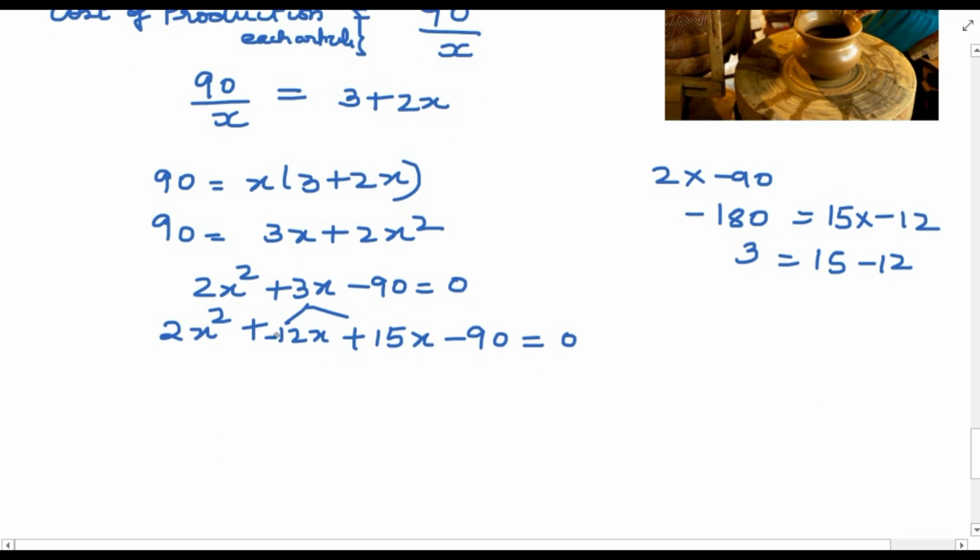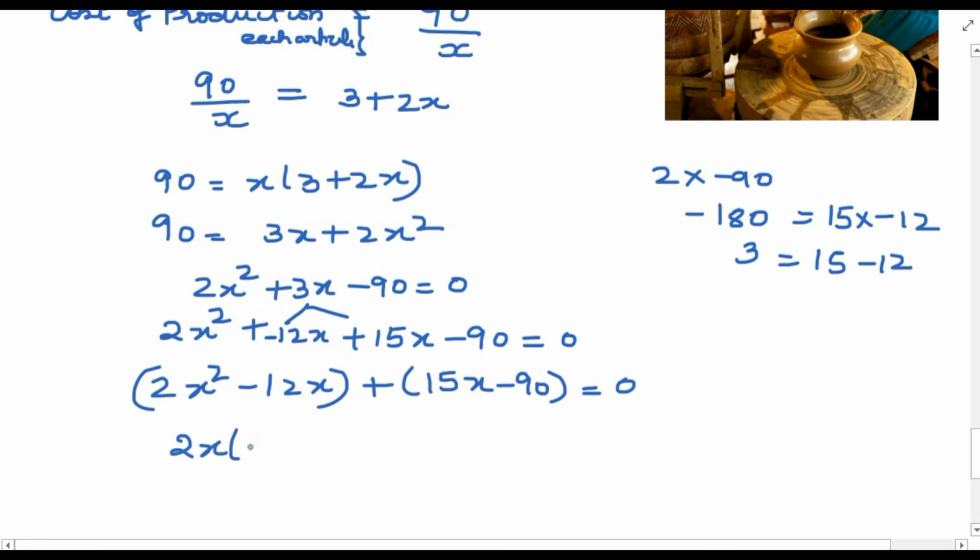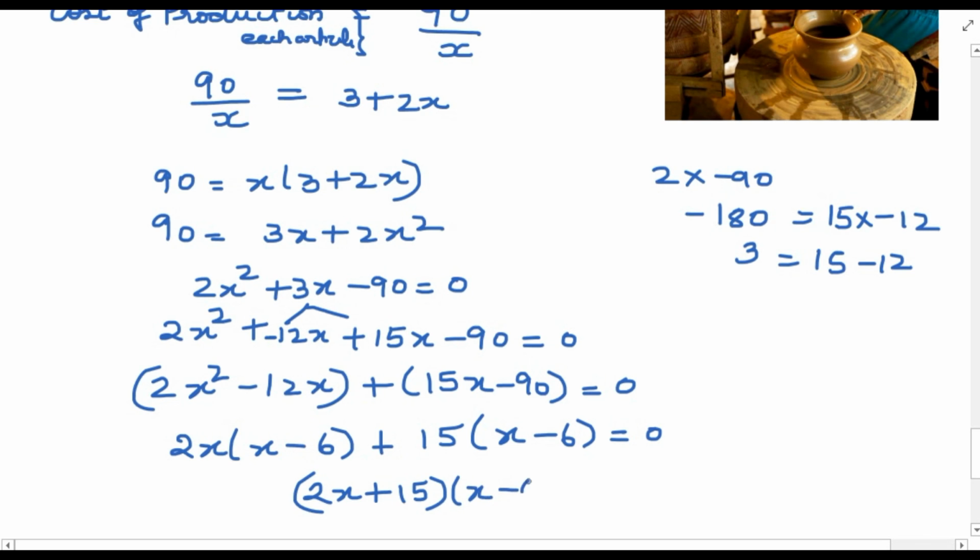Then again we can write 2x square minus 12x, this will form one group, 15x minus 90 will form another group. 2x if I take outside, this x minus 6, same way if I take 15 outside, this x minus 6 equal to 0. So 2x plus 15 is one linear factor, x minus 6 is another linear factor.